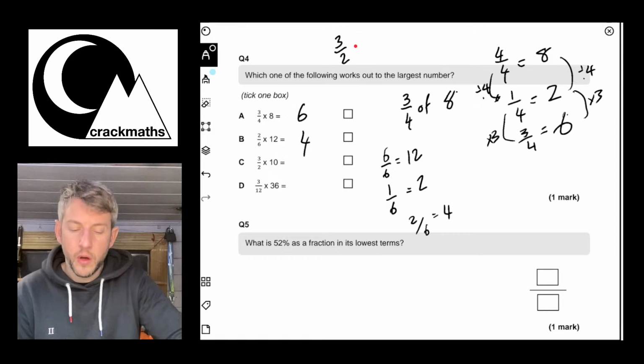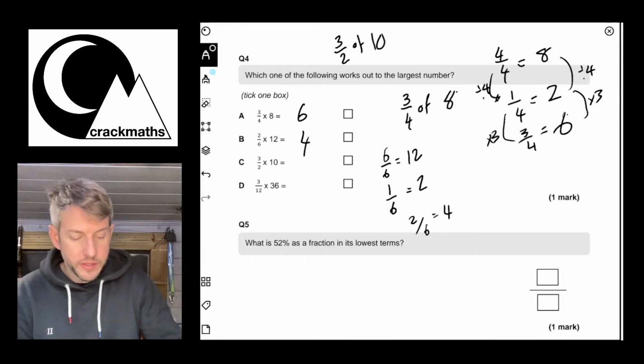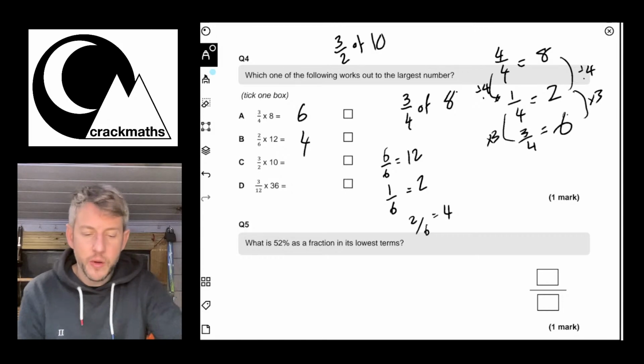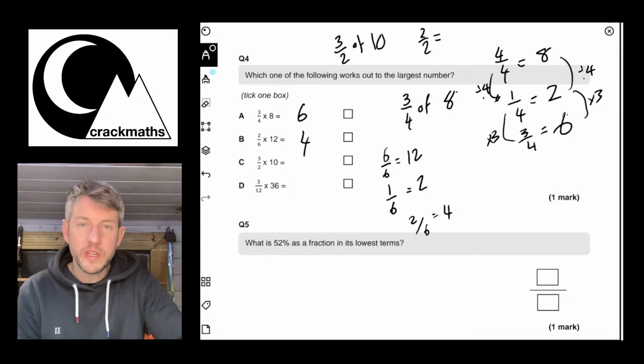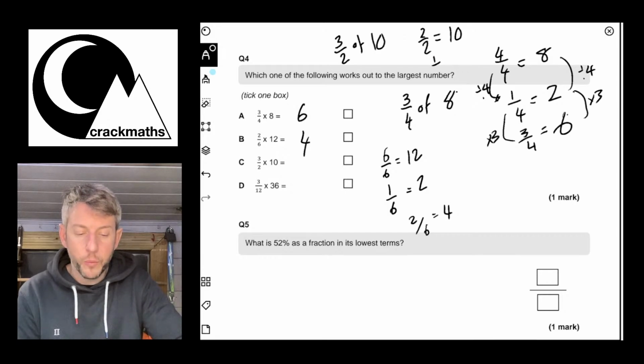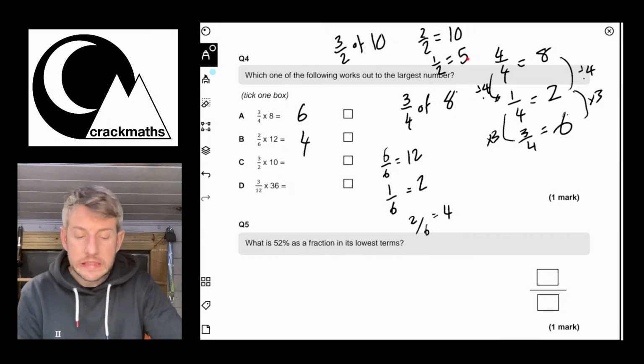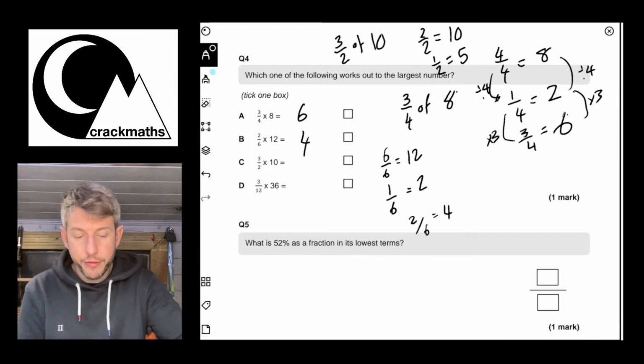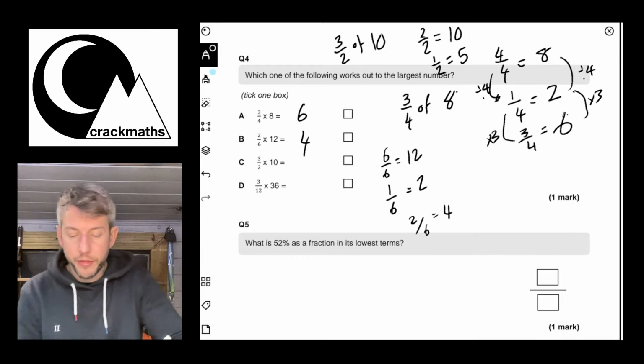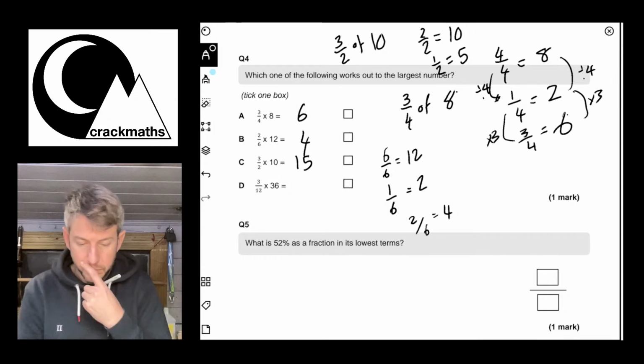Let me go through that. 2/2, which is 2 out of 2, is equal to 10. Divide that by 2 to find out what 1/2 is. So 1/2 equals 5. Then we want 3 of these because we want 3/2, so we times this by 3. So this one is going to be 15.